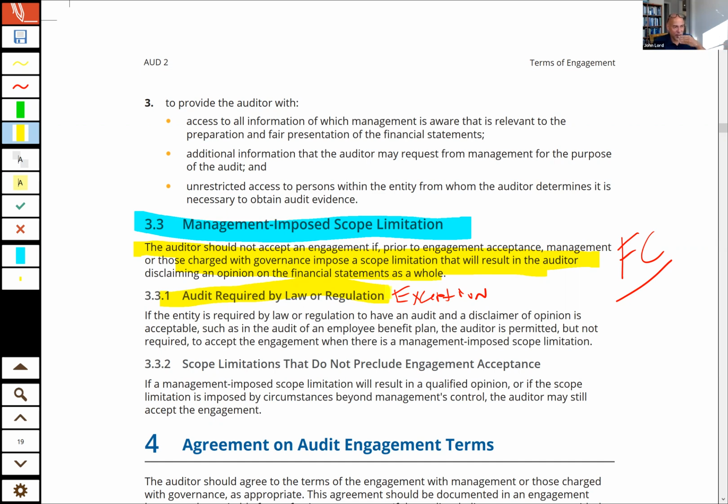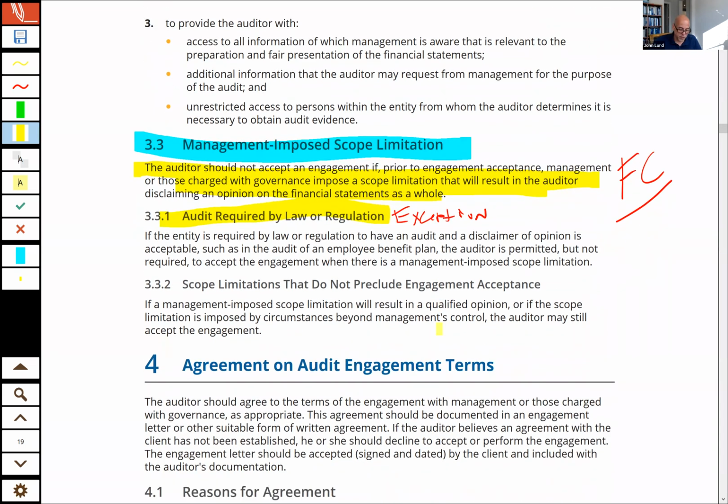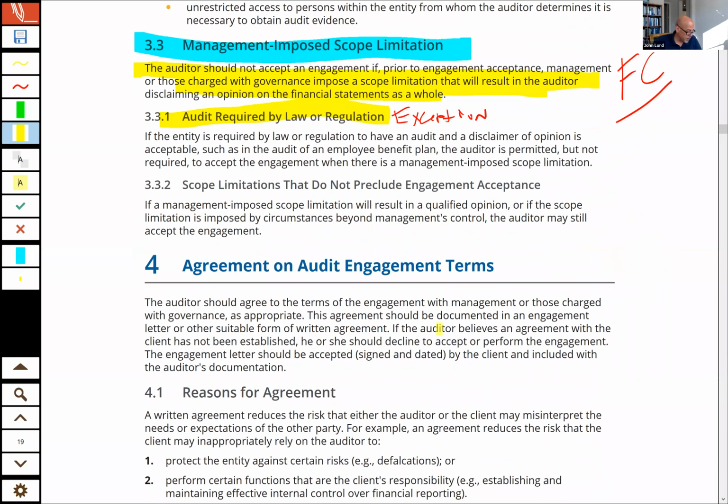State of California, I believe it's the state controller's office. Forgive me if I'm wrong, but I'm pretty sure legislation says the state controller's office will audit the financial statements of the state of California. Well, they can't not take the engagement, okay? But generally speaking, unless it's an audit required by law or regulation, if there's a management imposed scope limitation that will automatically result in a disclaimer, then you cannot accept that engagement, okay?